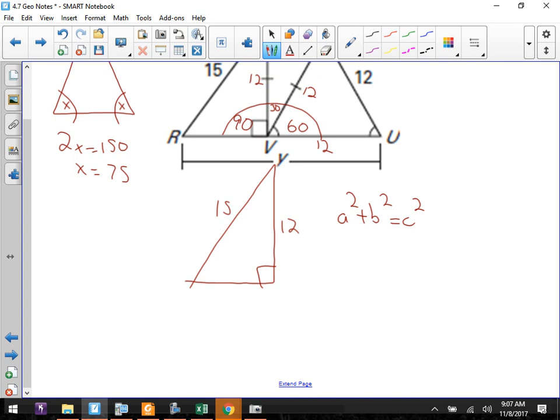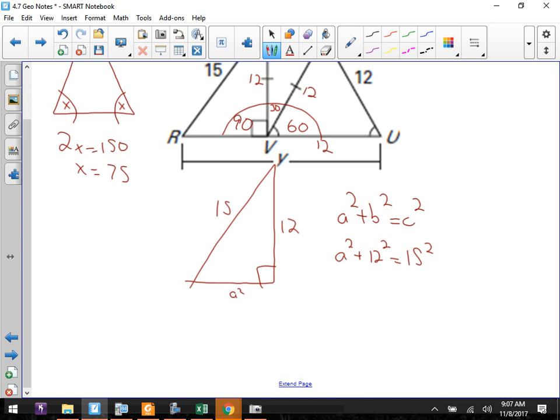So what winds up here is you wind up solving a two-step equation. Something squared, I'm just going to call this a squared, plus 12 squared is 15 squared. Where your 12 and the 15, well, the 12 is a leg, the 15 has to be the hypotenuse, because the hypotenuse is always across from the right angle. That always plays the role of the C value.